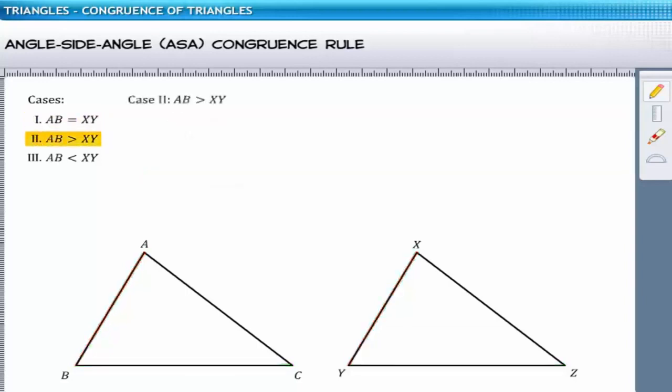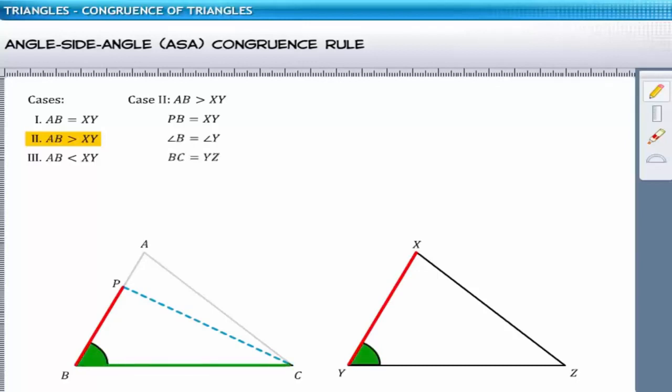In the second case, let's assume that AB is greater than XY. Consider a point P on AB such that BP is equal to XY. Now, in triangles PBC and XYZ, PB is equal to XY, angle B is equal to angle Y, and BC is equal to YZ.